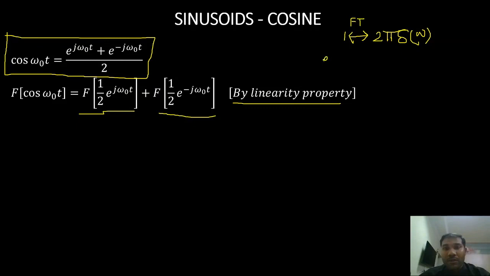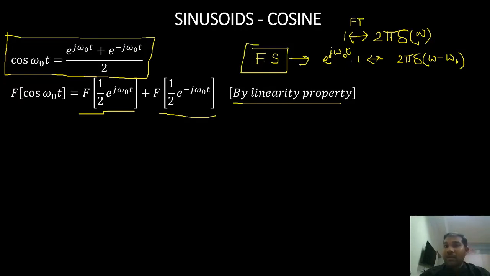So if I multiply this with e power j omega naught t, then my Fourier transform will be 2 pi delta of omega minus omega naught. This is the frequency shifting theorem.